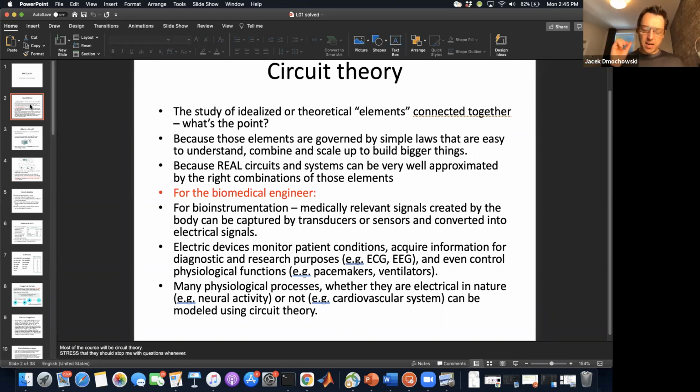You send pulses of electricity into the heart, and that exogenous stimulus makes the heart pulse at that desired frequency. So if you have an abnormal heart rhythm, you can come in with an external device that basically corrects it. And that's called entrainment.